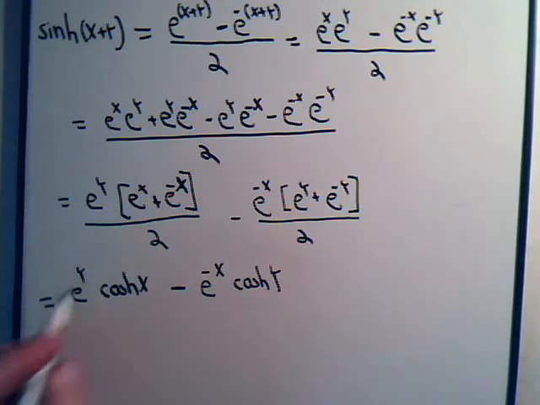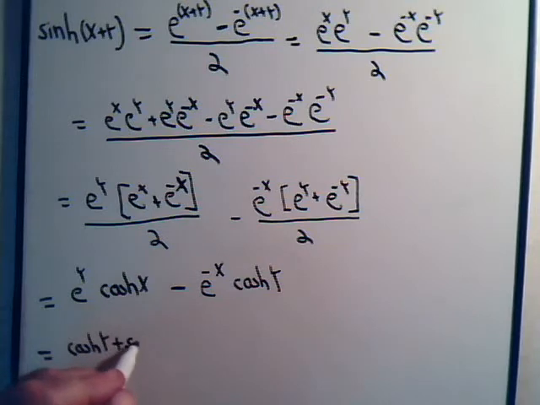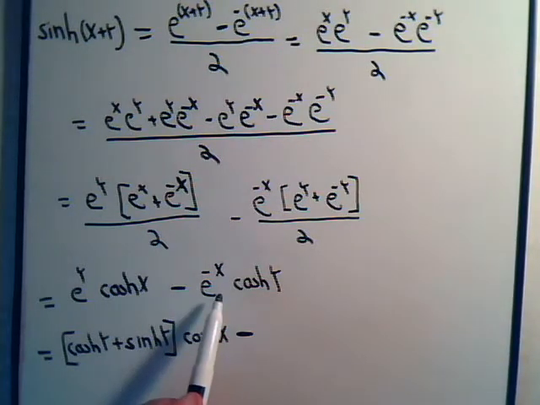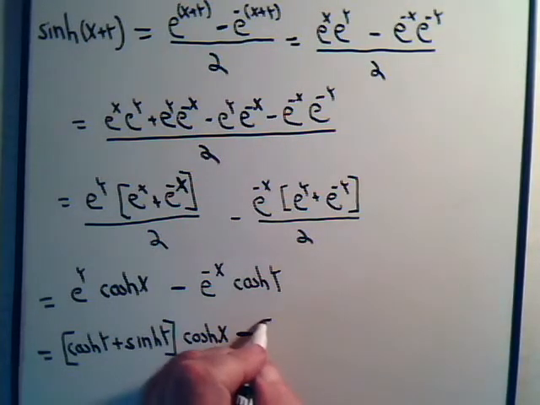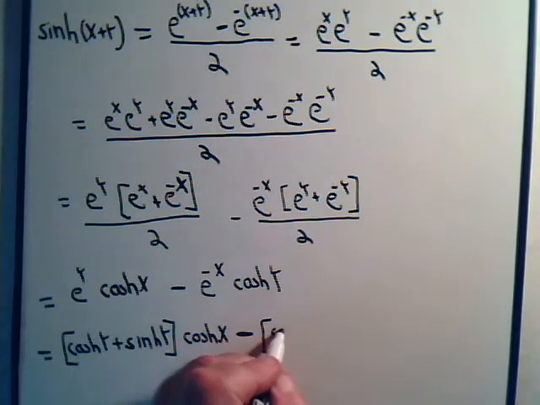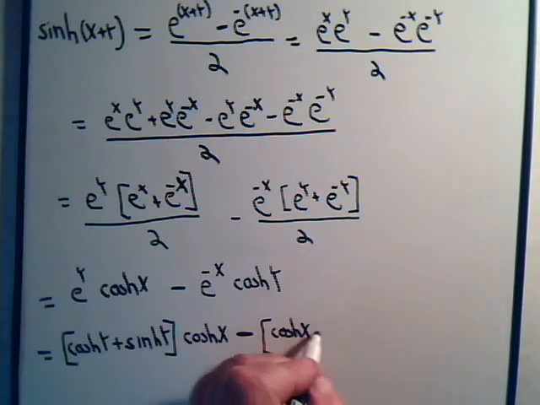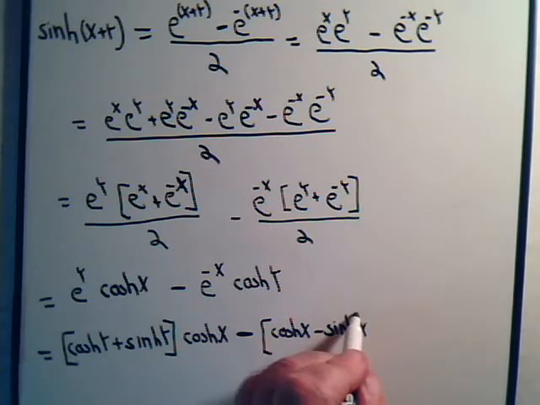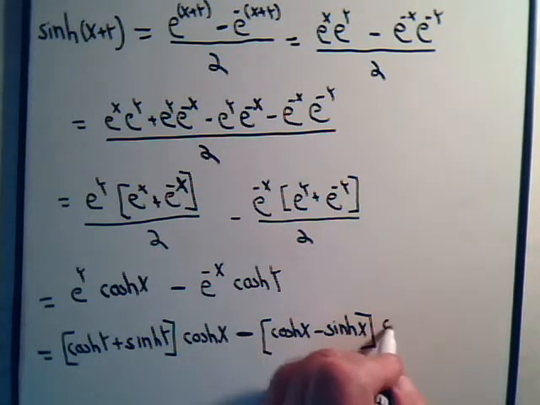Remember that this is the same as hyperbolic cosine of y plus the hyperbolic sine of y, times this minus, and this is now hyperbolic cosine of x minus hyperbolic sine of x. We had this presented in our introduction video. And that's being multiplied by this.